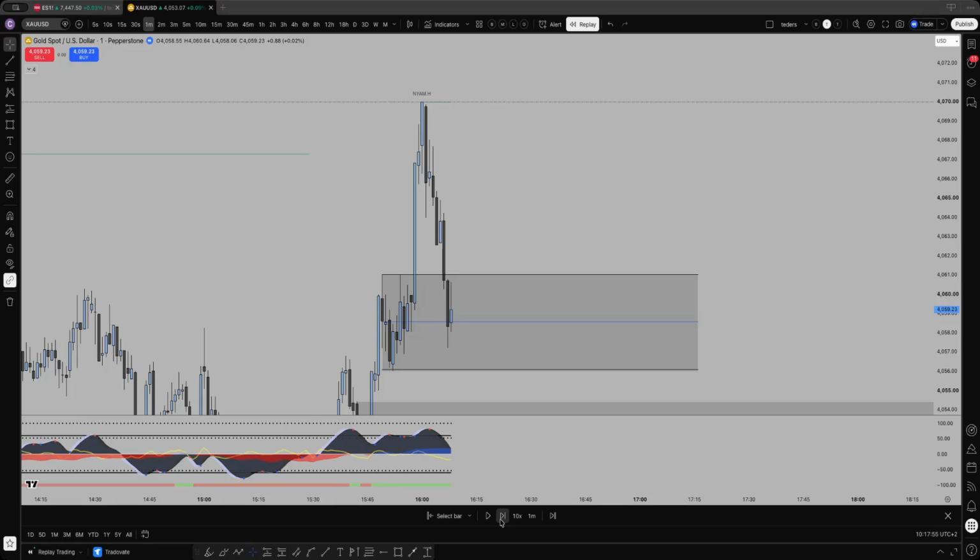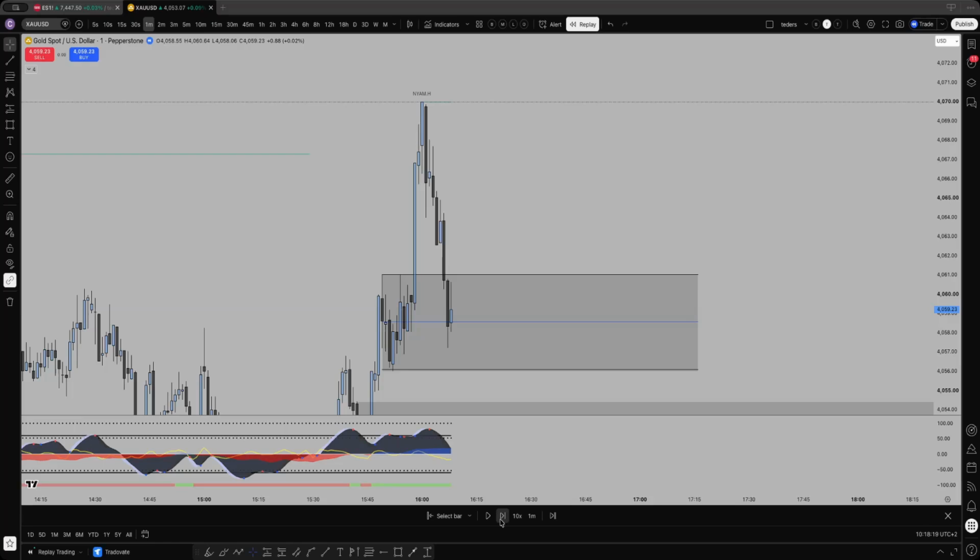Gold usually doesn't hand you that in the same way. It's set right at the level here with no actual structure flip to react to. And if you're trading gold looking for the exact same signal you use on ES, you'll either force an entry too early or miss the trade completely, waiting for something that isn't coming.